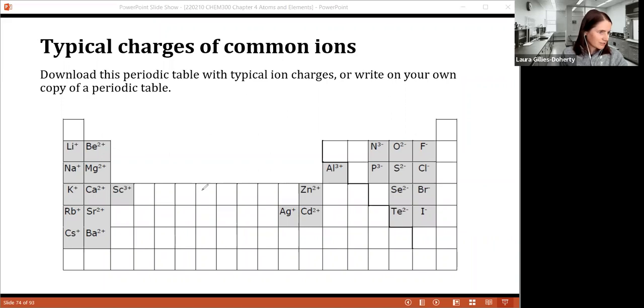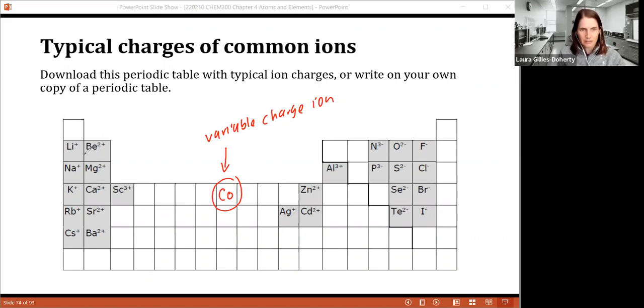It's right there in the transition metals, and it's not one of these gray boxed ones where we always know the ion charge. So we call this a variable charge ion, meaning that it doesn't have just one set charge.